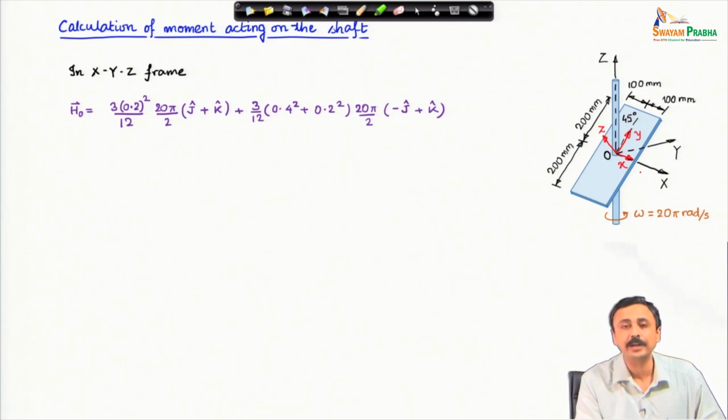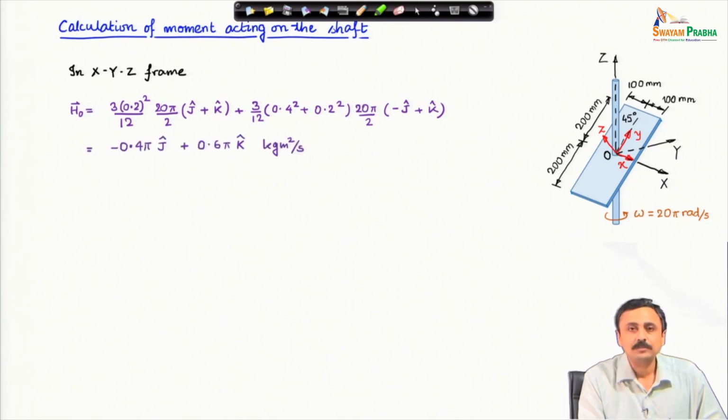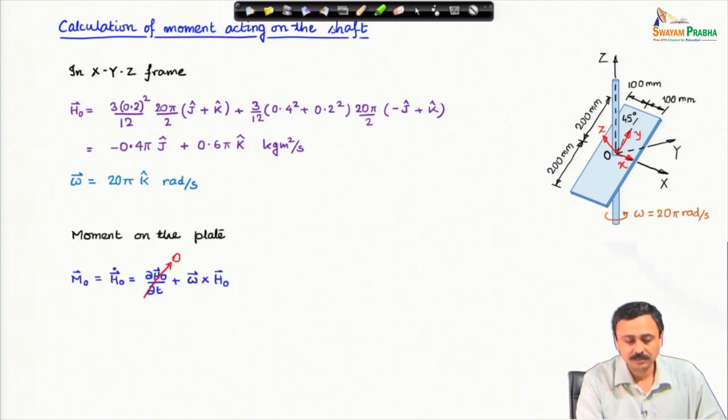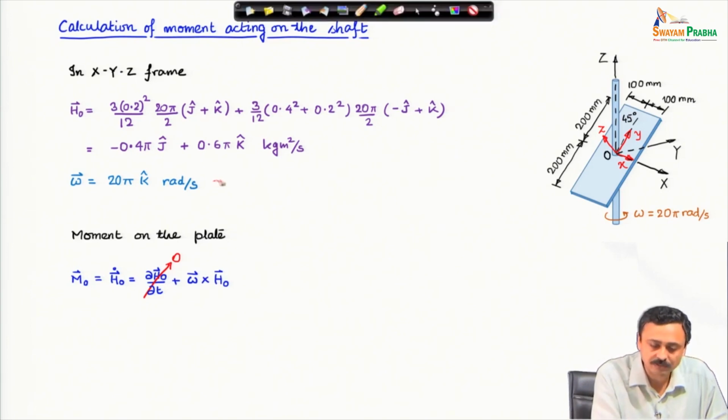Actually, the plate has been rotated about the capital X axis. Okay, this is the expression of H O, which we have just now calculated. Omega is known to us. Remember, this is also the angular velocity of the frame.